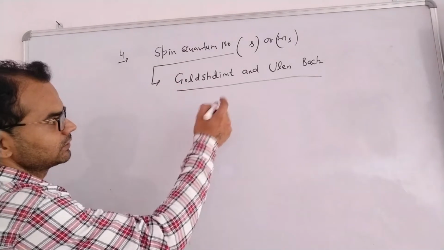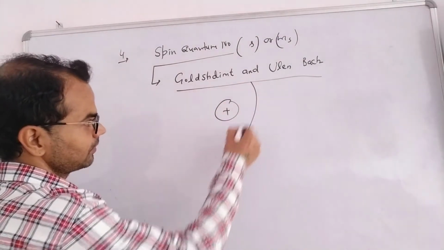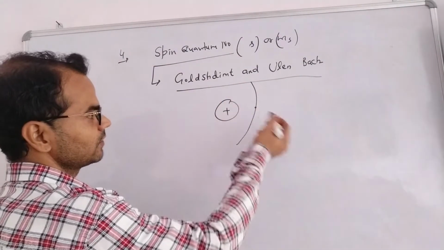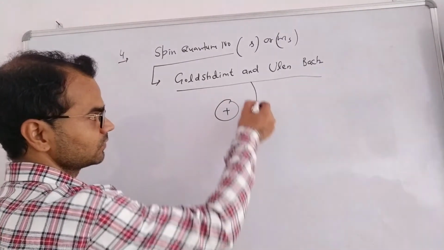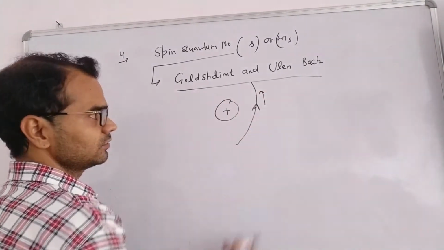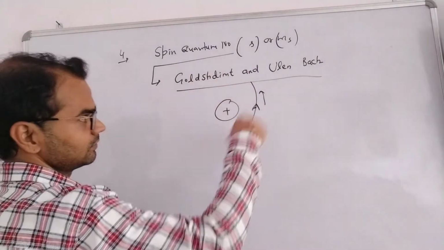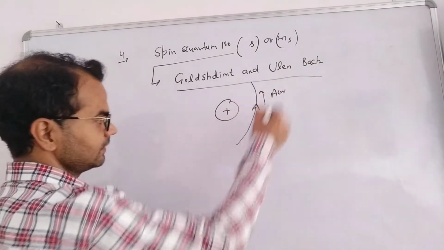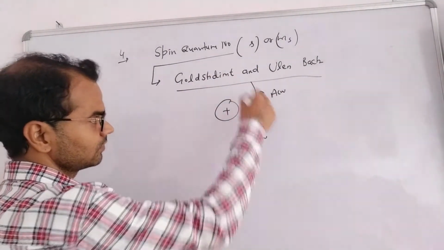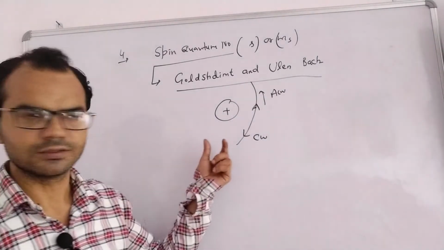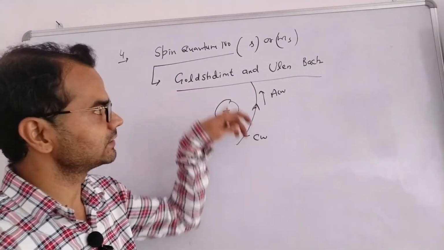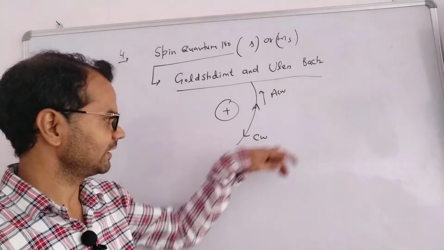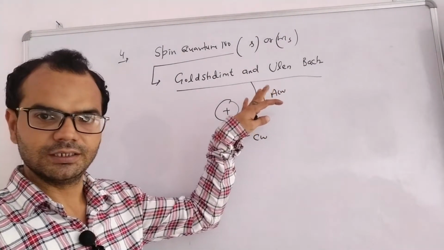As we know, electrons revolve around the nucleus in their orbital path, and each also rotates about its own axis. So an electron can have two types of rotation: anti-clockwise rotation and clockwise rotation. The spin quantum number represents the orientation of the electron, its spin, whether it is rotating clockwise or anti-clockwise.